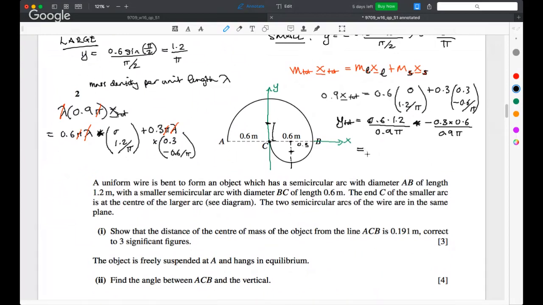And this you'll find is, as they say, 0.191 meters. So that's this question done.